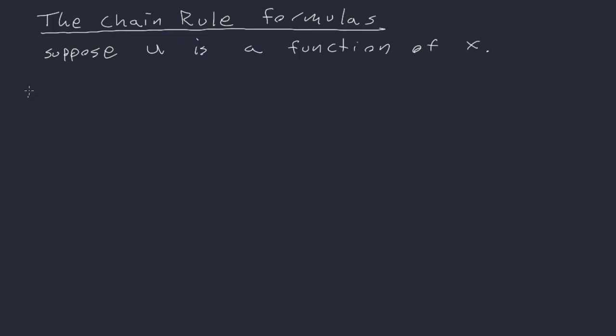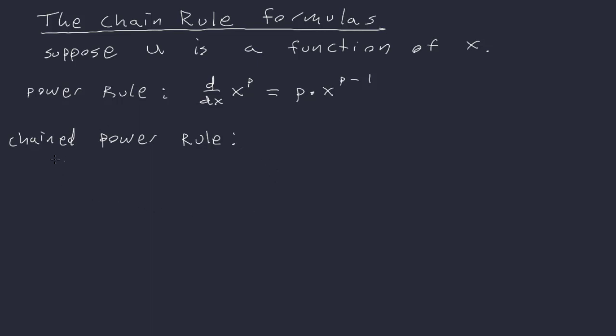So we have the power rule, right? So the power rule basically just says that the derivative with respect to x of x to some power is the power times x to the power minus 1. Well, now we can say that the general power rule, or you can think of it as the chained power rule, says that if you have the derivative with respect to x of u to some power p, that's going to be p times u to the p minus 1 times u prime.